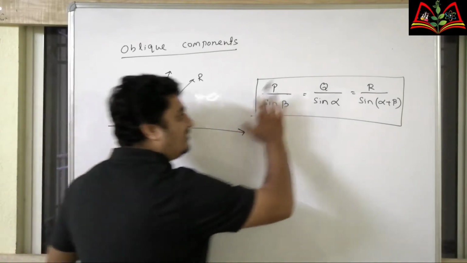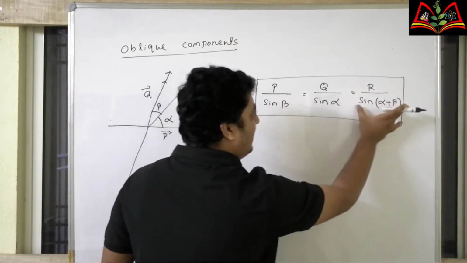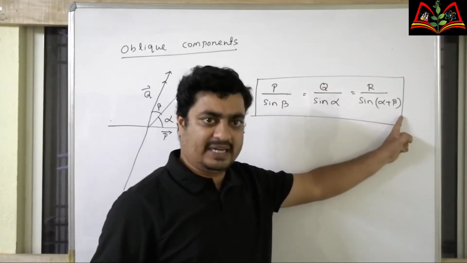Now, just check for Q. Sine alpha, sine beta can be greater than or less than sine alpha plus beta.